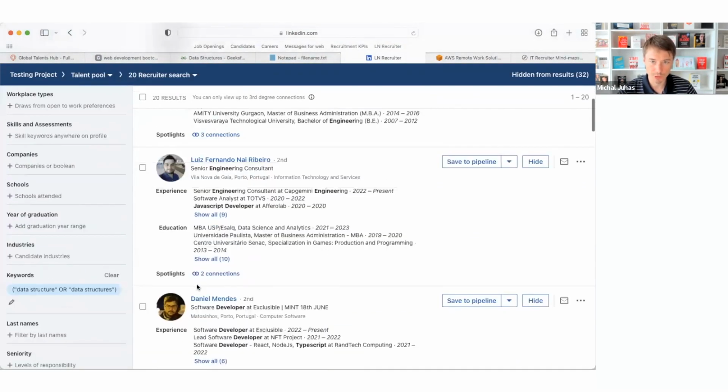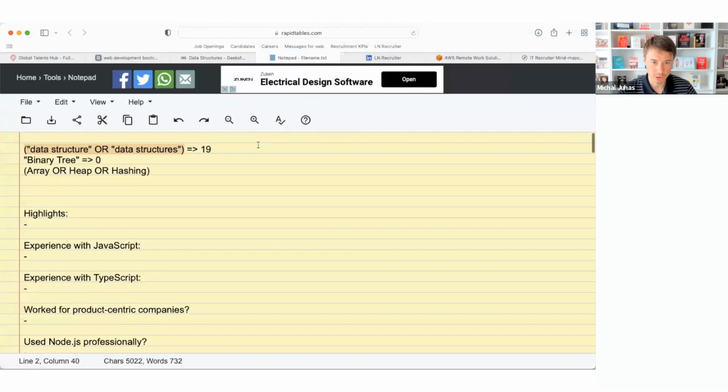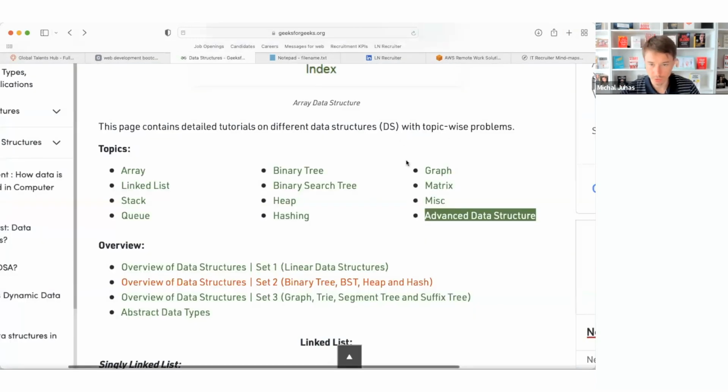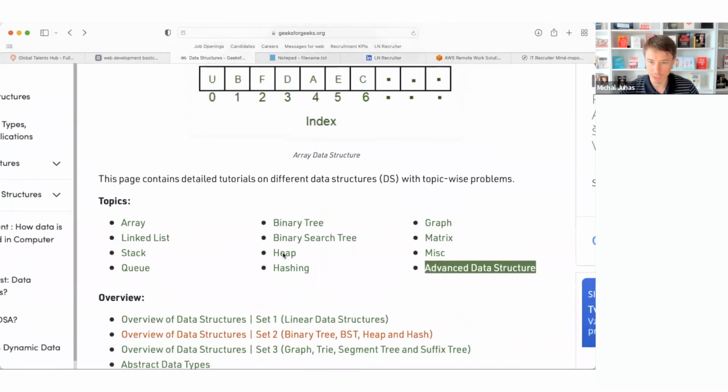So there is one more person. After we changed it, we have 20 people. Not that many, right? But yeah, 5% more. This leads to 0. Okay, so only use data structure, actually, not to look at these. That is not helping at all.